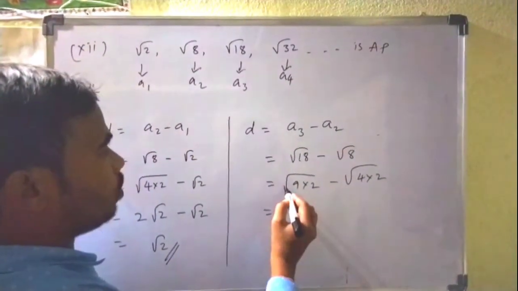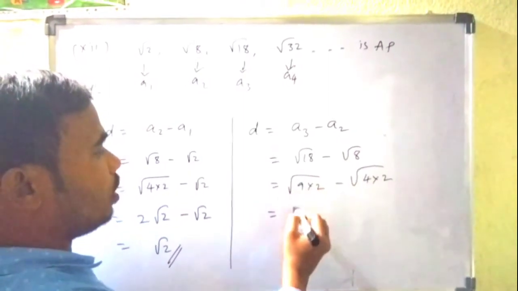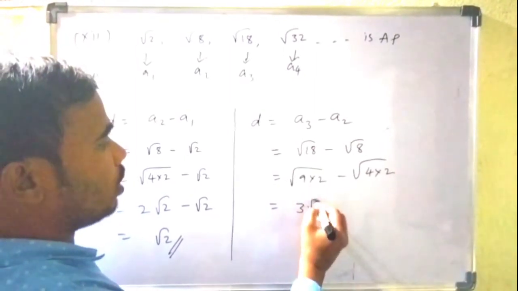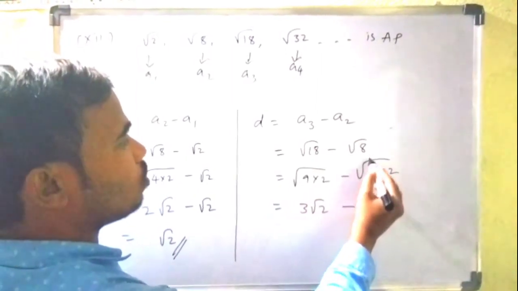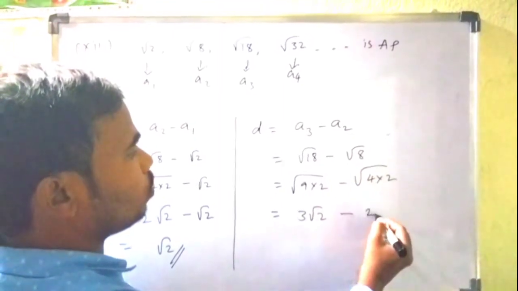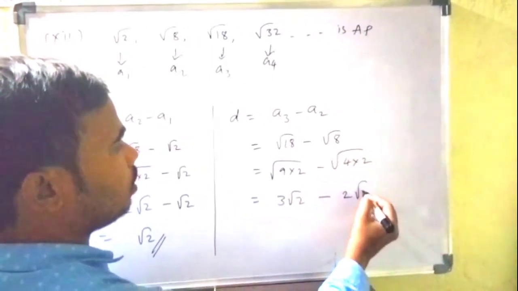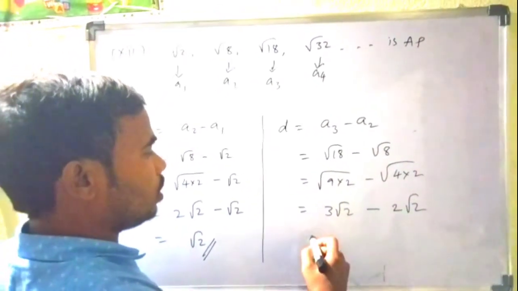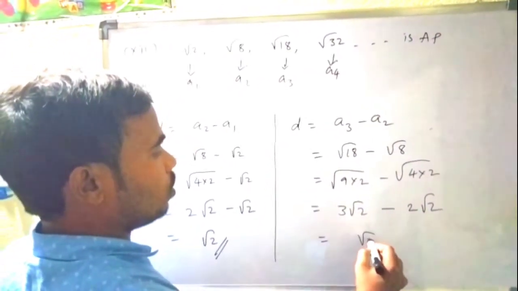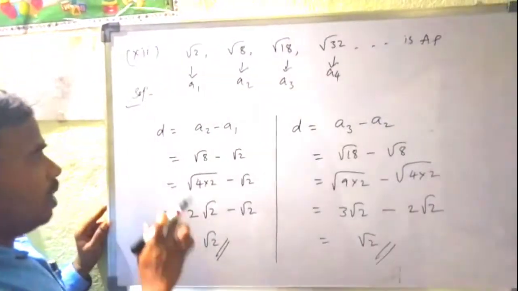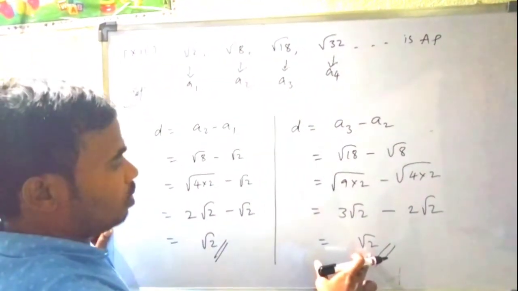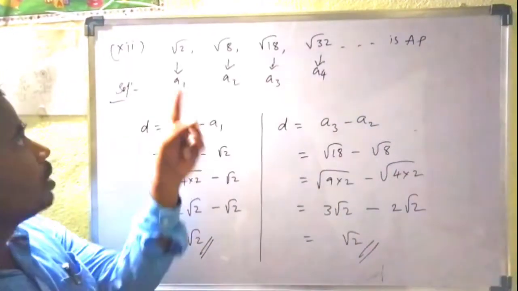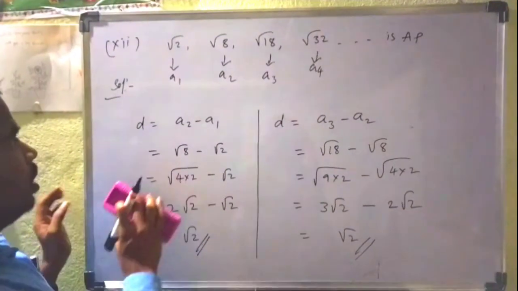The square root of 9 is 3, with root 2 inside, minus the square root of 4, which is 2, with root 2 inside. So 3 root 2 minus 2 root 2 is equal to how much? Root 2. So here also the common difference is root 2, and there also root 2. Both are equal, so this series is an arithmetic progression.